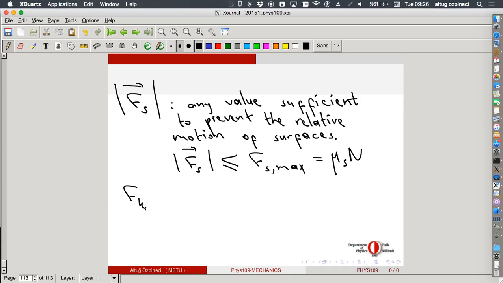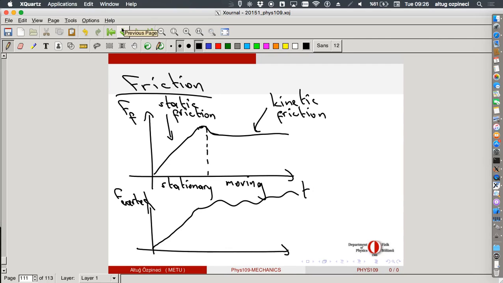Now the kinetic friction force, its magnitude is just constant. As you can see over here, it's just flat.